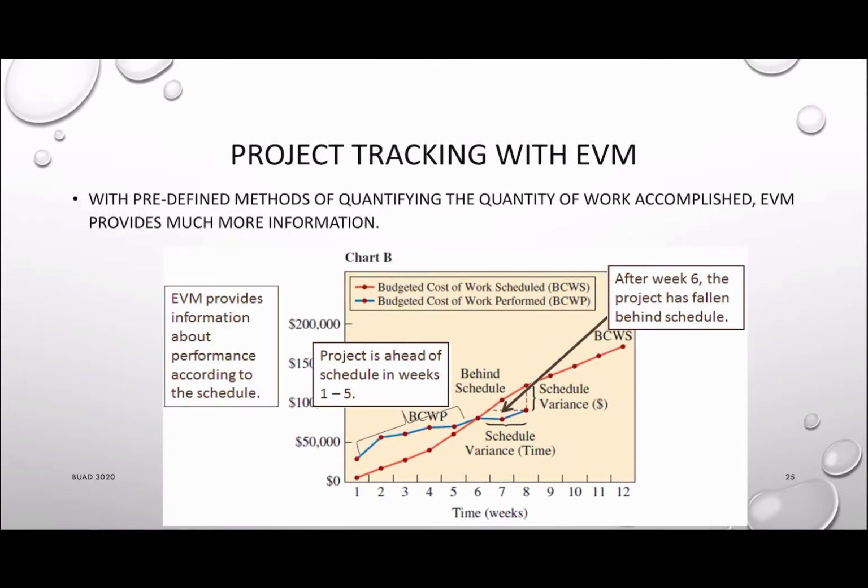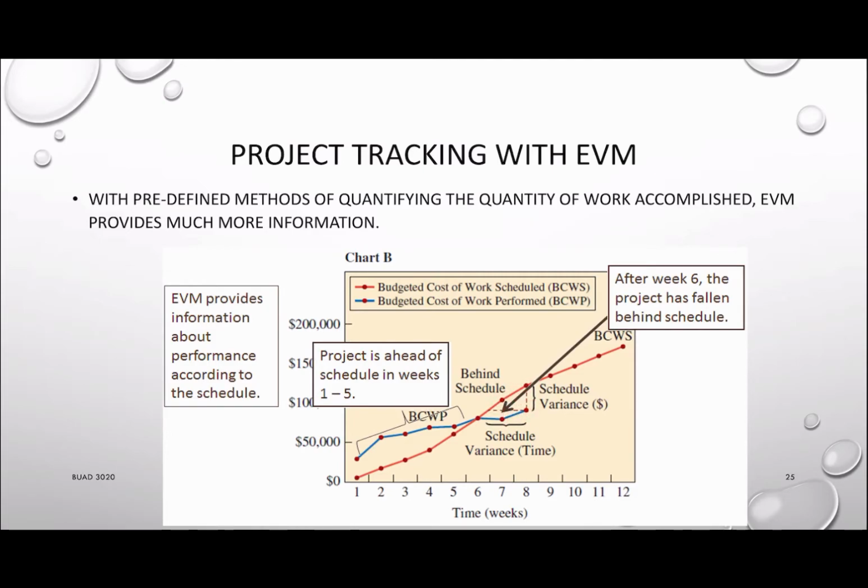However, if we have EVM, we can actually track our progress. If the actual work performed is higher than your work scheduled, then we know we are doing a pretty good job. We are ahead of the schedule. However, like here, if the actual work performed is less than the work scheduled, then we are behind.